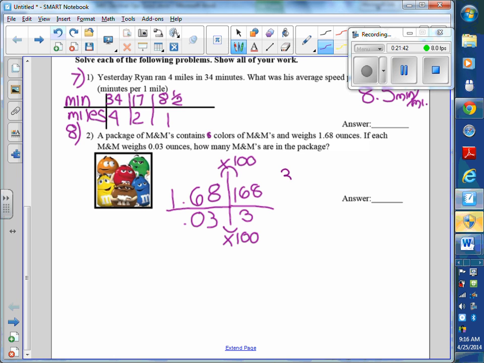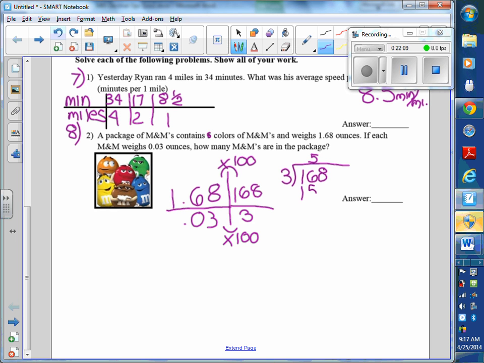So 3 goes into 168. So 3 goes into 16 how many times? 6. No, 8. Five. 3 times 5. Oh, 5. Yeah. 15, right?